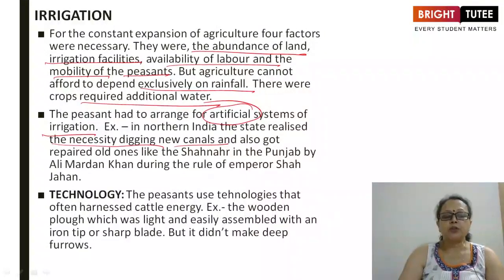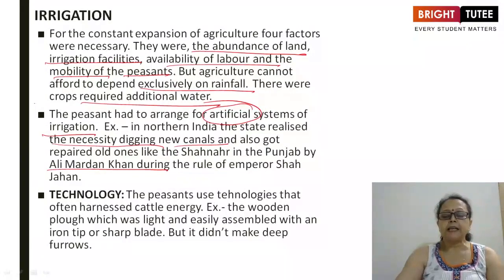New canals were also dug with the help of the administration, and the old ones were also repaired. One example quoted here is the Sahnahar in the Punjab, which was repaired during the period of Shah Jahan by Ali Mardan Khan.